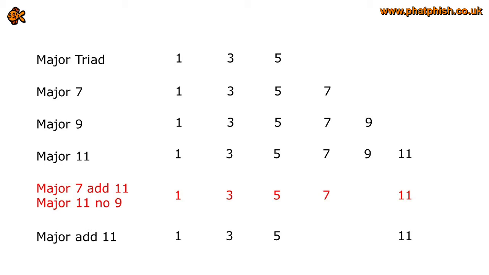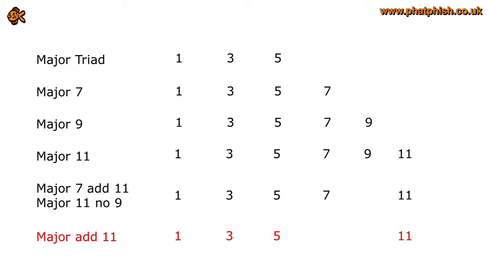Or we could not put in the 7th or the 9th, so we've just got the 1, 3, 5 add the 11th degree. So that would just be a major add 11. It's a major triad with an 11th degree added. It's not an extended chord because we don't have the 7th and the 9th there. We've not extended the chord right the way through, we're just adding notes in.